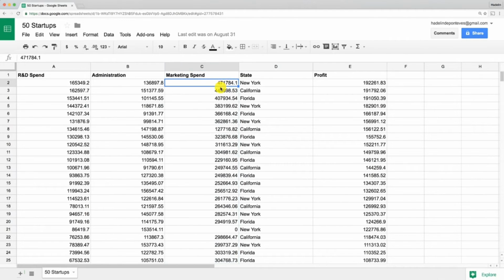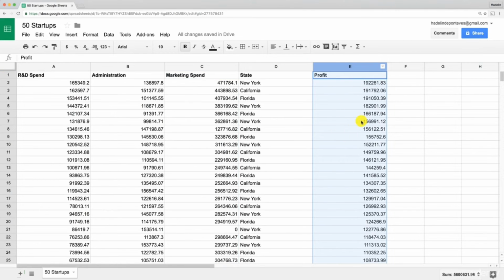Also, the main thing probably they want to understand is when they assess companies, do they look for companies that spend more on R&D, or research and development, or companies that spend more on marketing? So which of these two spends yields better results of profit, brings more results of profit?